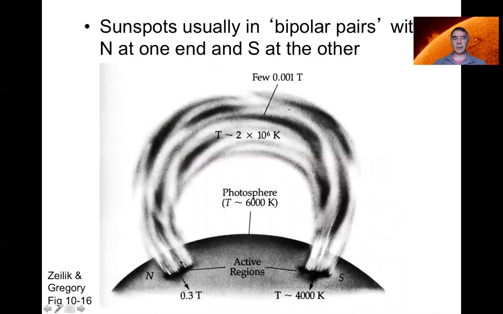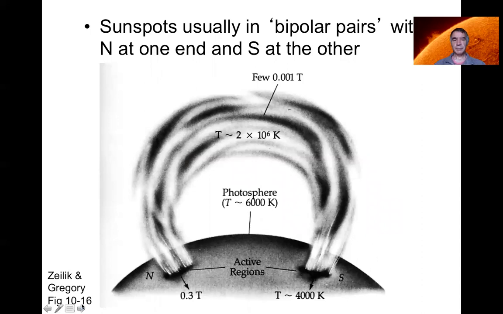So we can talk about a north and a south pole to the sunspot pair that are connected by the loop, and as we'll see, we can work out which direction the magnetic field is going in these loops. But you will always find basically a sunspot pair. Sometimes it can be difficult to work out what's what, but we'll see in a moment a better way to do that.